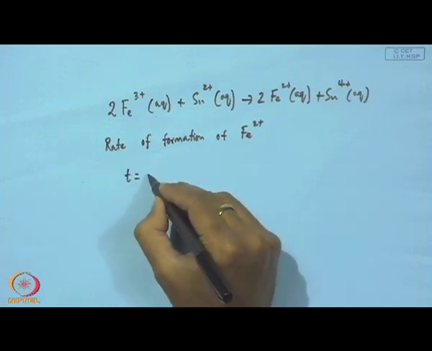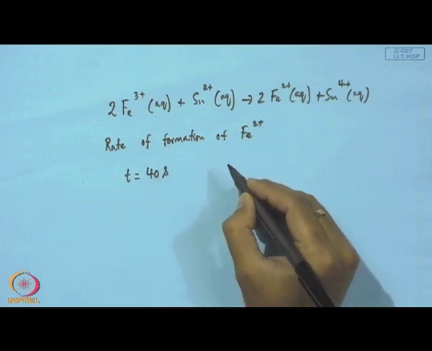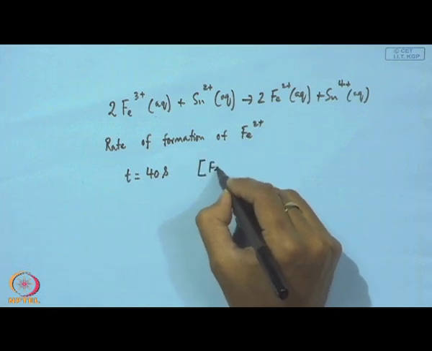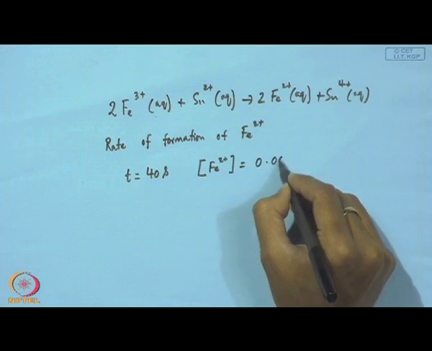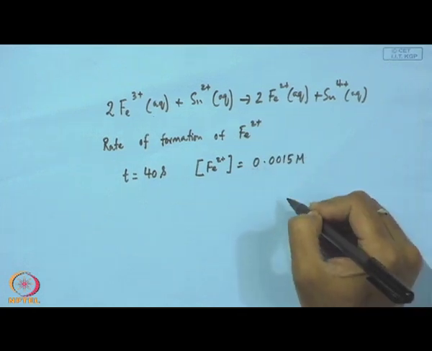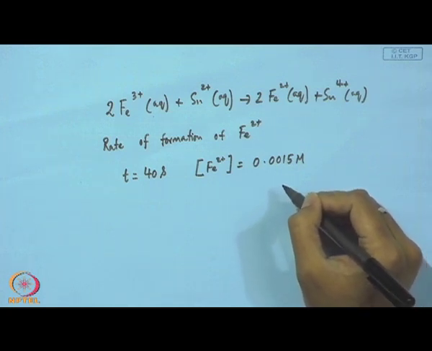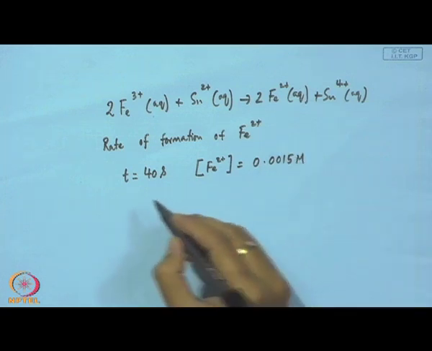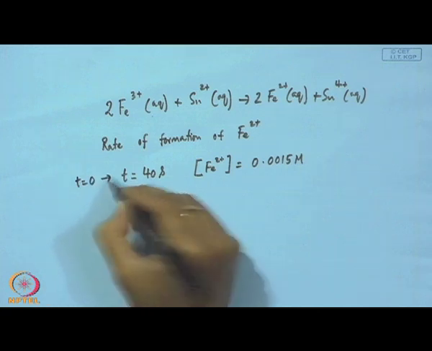Let us put t equal to 40 seconds, and say the concentration of Fe2+ is equal to 0.0015 molar. We can measure it by various means, maybe spectrophotometrically or some other analytic method, from t equal to 0 to t equal to 40.